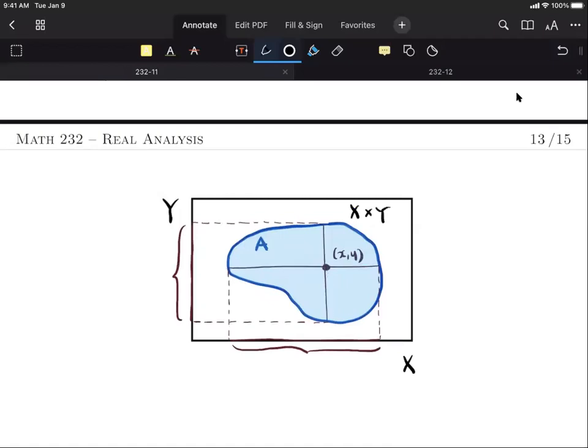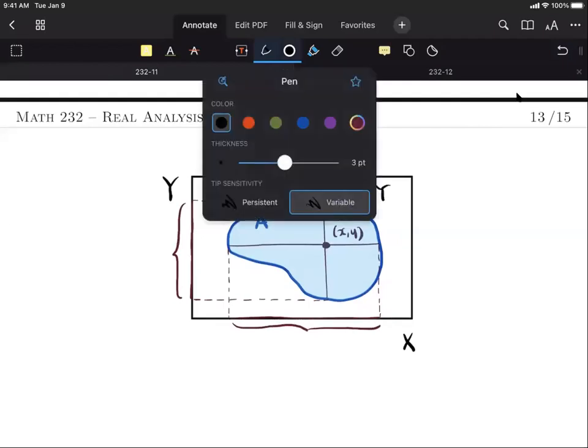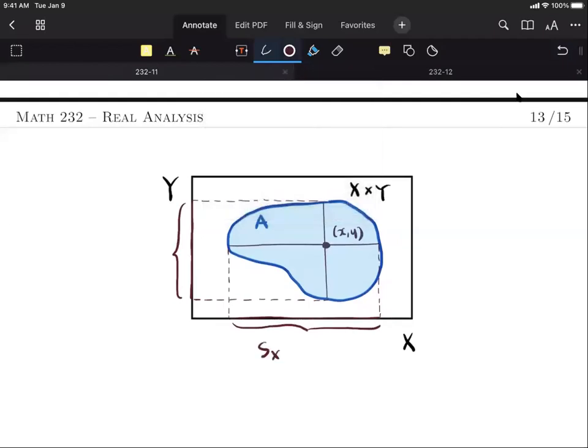The section on X would be the projection of this line segment onto the x-axis, and that would be this region here, and this will be the section on X of A at the point y. Analogously, the vertical component, this one, is the section of A on Y at the point x.